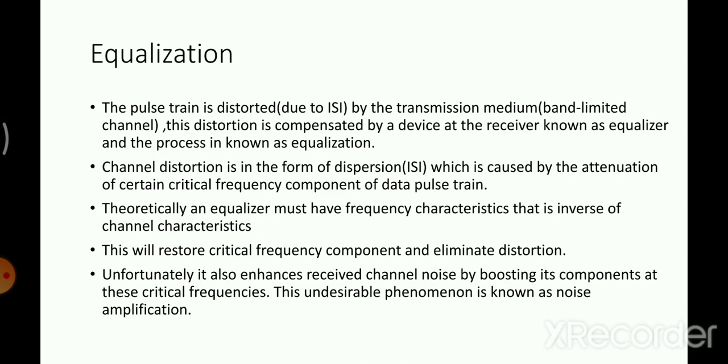While restoring the signal you have lost, you will sometimes amplify the noise as well. So that is a drawback of the equalizer. When you boost the lost components, along with that you boost the noise, which is an undesirable phenomenon. This is sometimes known as noise amplification in the equalizer.